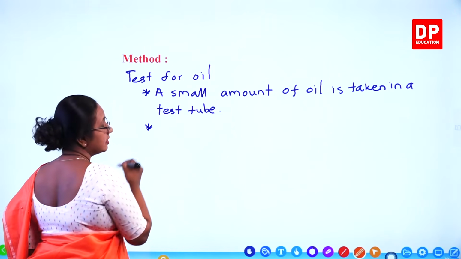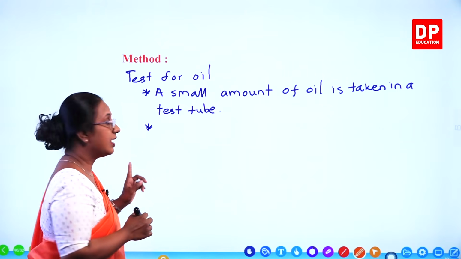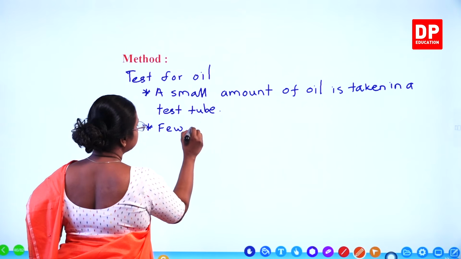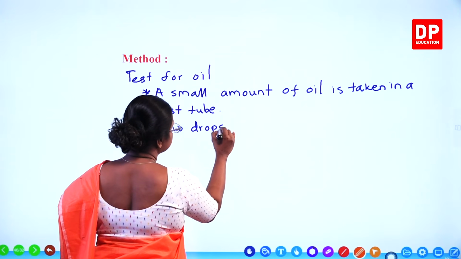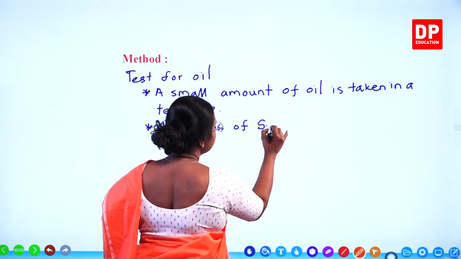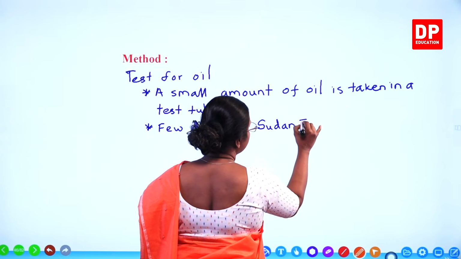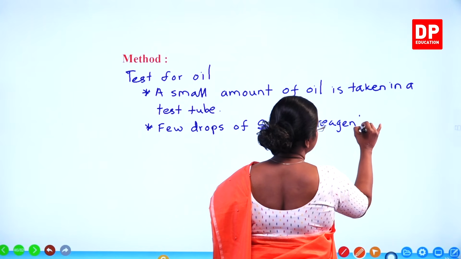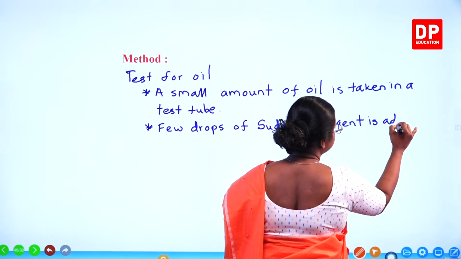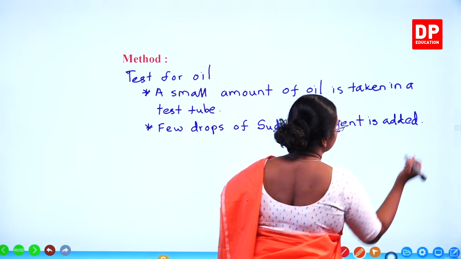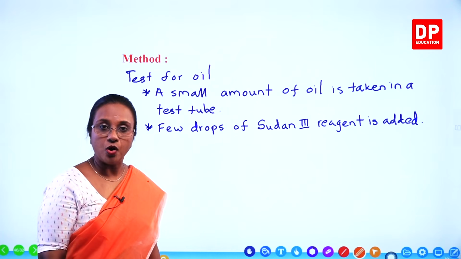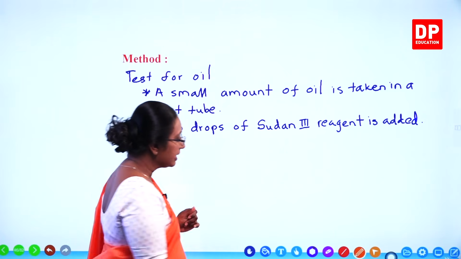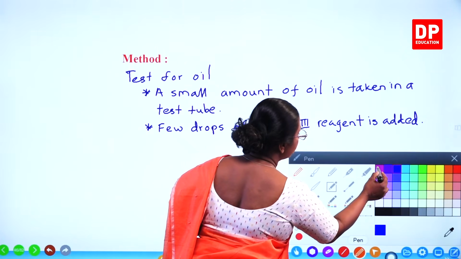To this, the second step, students, we have to add a few drops of Sudan 3 reagent. So that will be the test for oils. Then you will get the observation. At the same time, we need to do the test for fats.